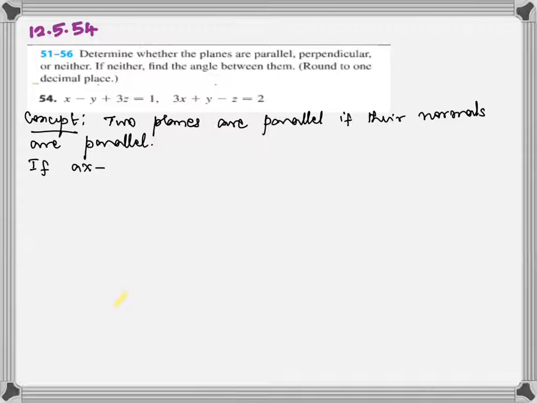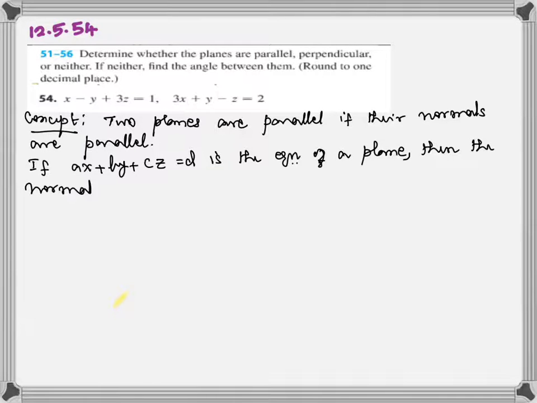If ax plus by plus cz equal to d is the equation of a plane, then the coefficients of x, y, z, namely the component form a, b, c, will be the normal vector. And the normal is n, which has components a, b, c. So we can find the normal vector to plane 1 and the normal vector to plane 2.